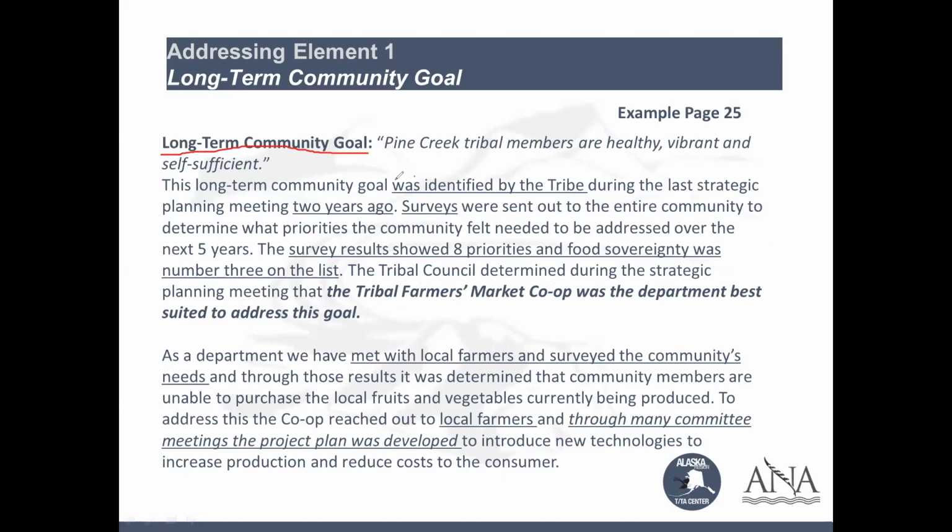We talk about how the goal was identified by the tribe during strategic planning, that it's only 2 years old, so you want something that's fairly recent. It was determined by surveys that were sent out to the entire community, and the survey results showed these particular 8 priorities, and the one we're choosing was number 3 on the list.